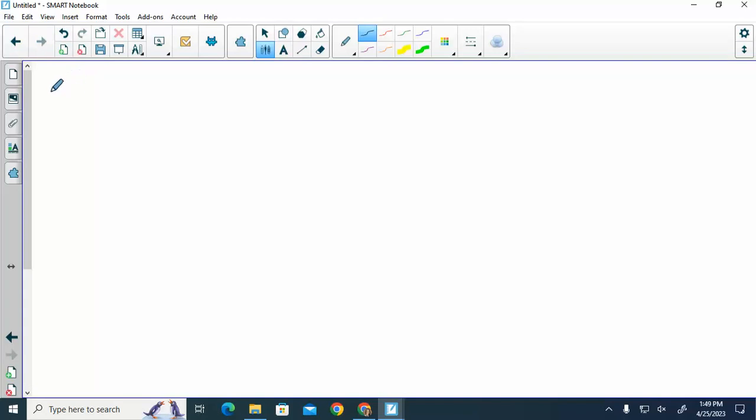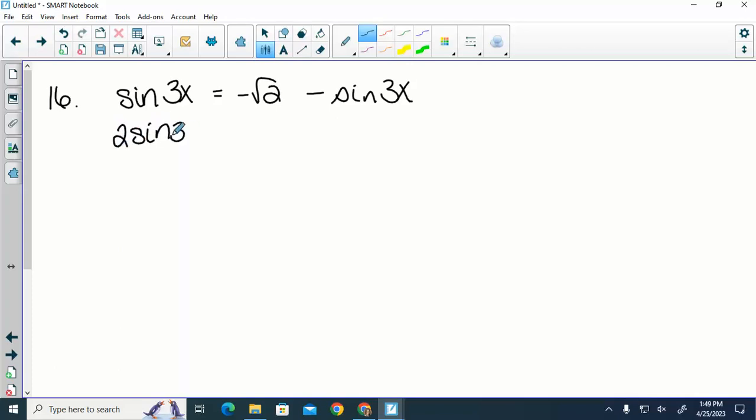Let's look at 6. So what do we do? And what does it become when you do that? So we're trying to solve the sine. So we get sine of 3x equals negative radical 2 over 2.